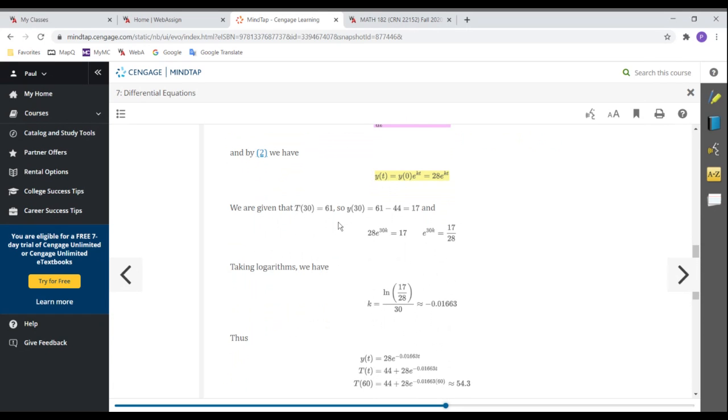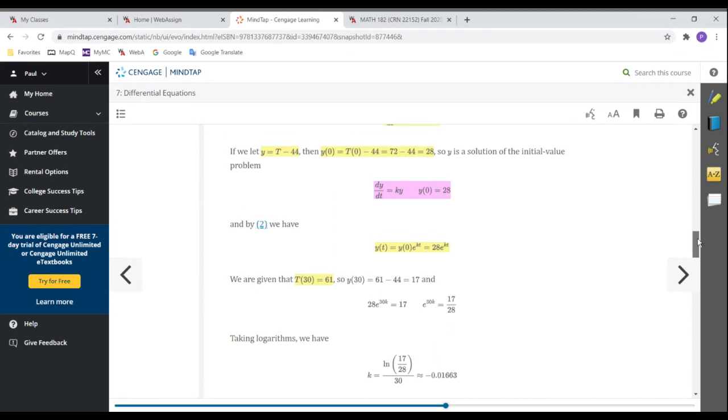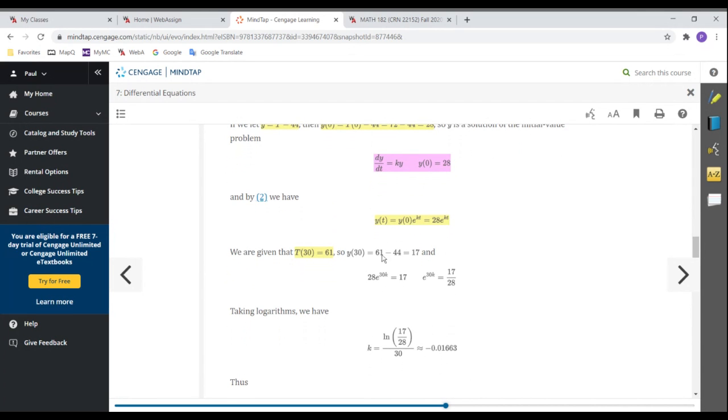But we have to convert everything. After 30 minutes, when the temperature of the soda is 61 degrees, you have to adjust that condition by subtracting 44 from 61, because you've defined y as T minus 44. So y sub 30 would be 17.